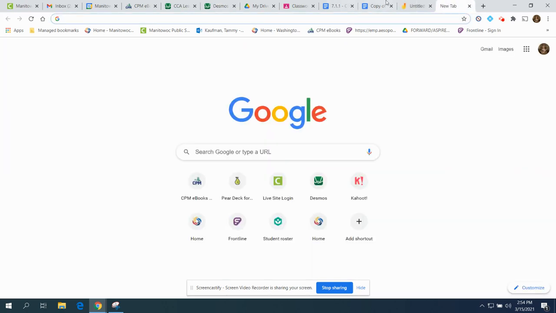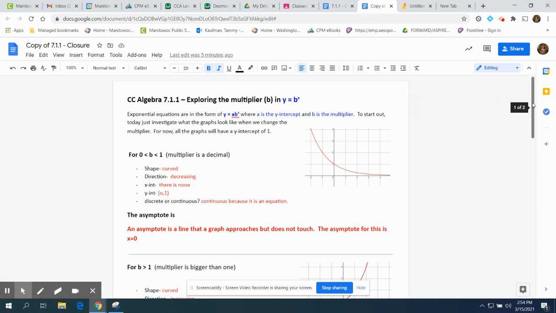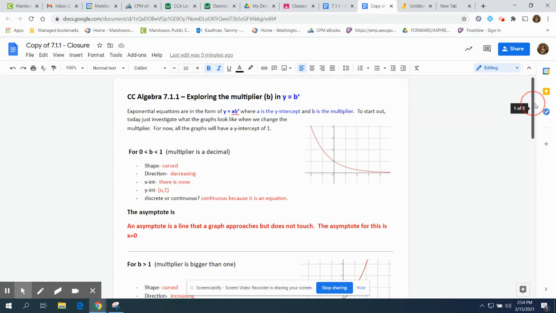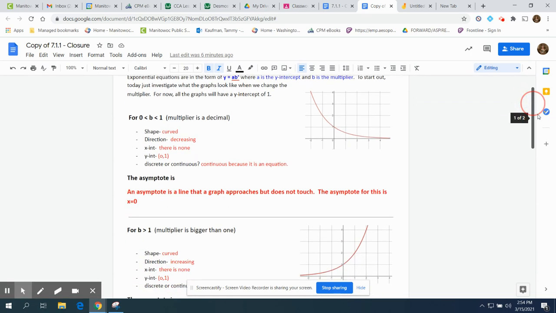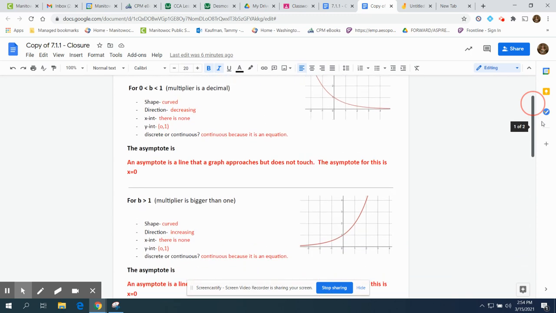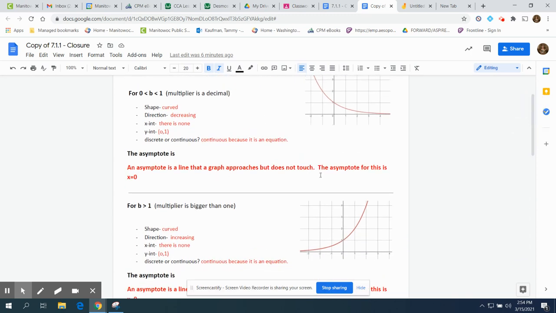So when we go into our notes, I've filled those in for you, and you can make a copy of them or whatever. I just am really interested in these first two. That asymptote should be y equals 0.